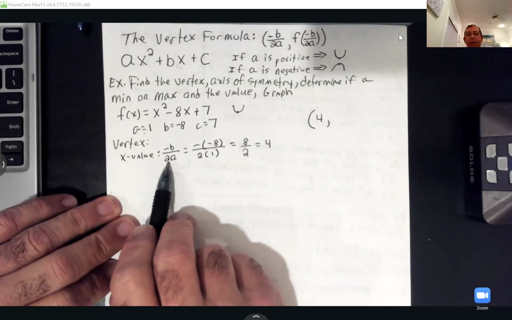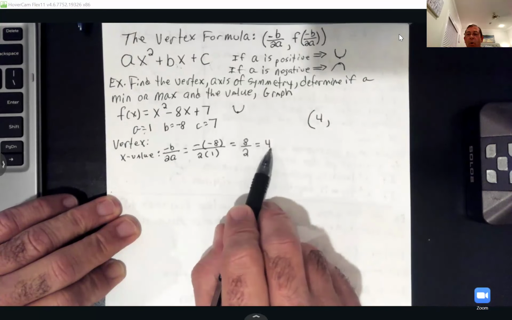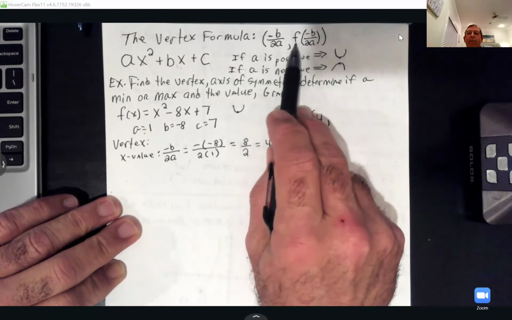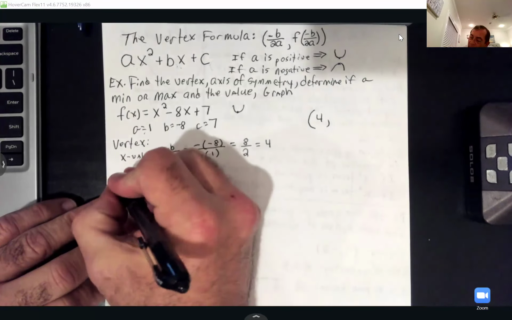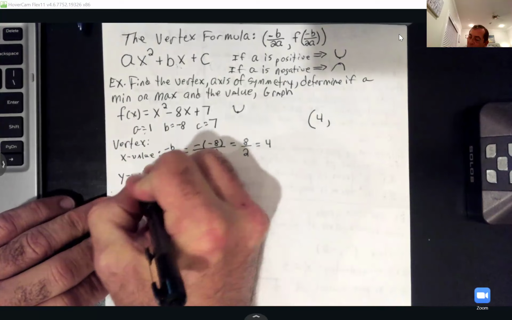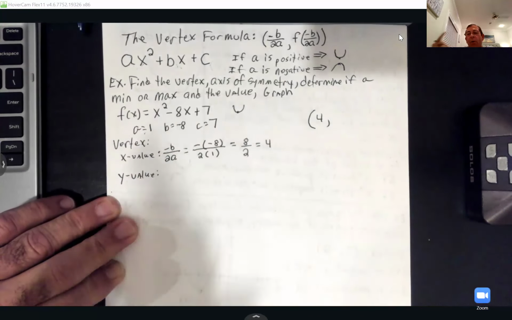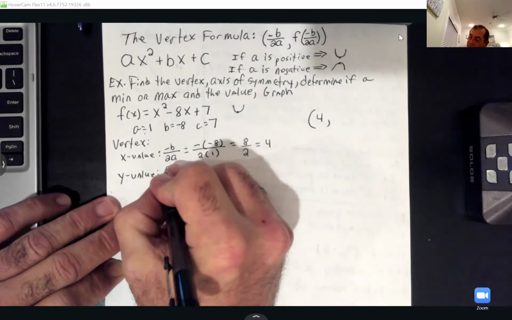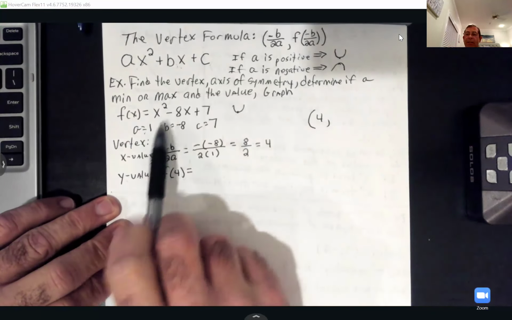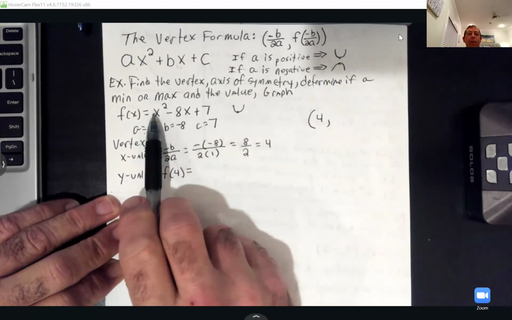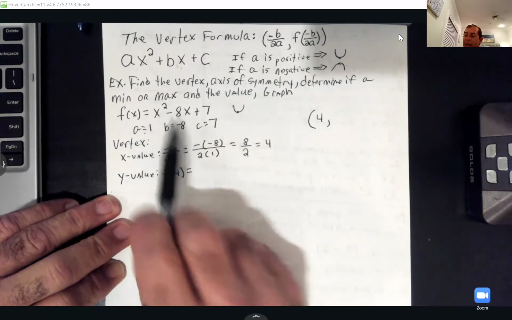Well, if -b over 2a equals 4, that means we're about to find f of 4. So f of 4 is how we're going to get the y value. So that means take your function up here, put a 4 in for both of those x's.